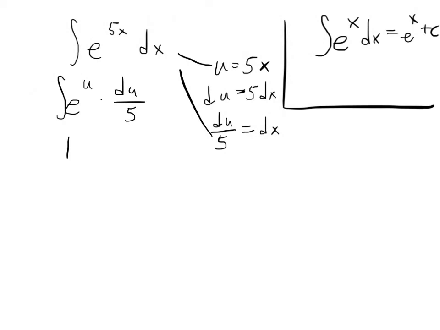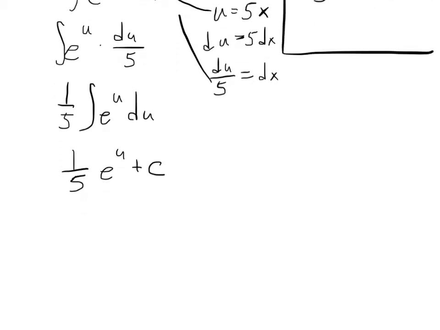That means we can pull out the 1/5. And now, this thing, that is the thing that we learned. That is the integral of e to the u du, which is e to the u plus c. So I have 1/5 e to the u plus c. And my last step is plugging u back in. 1/5 e to the 5x plus c.